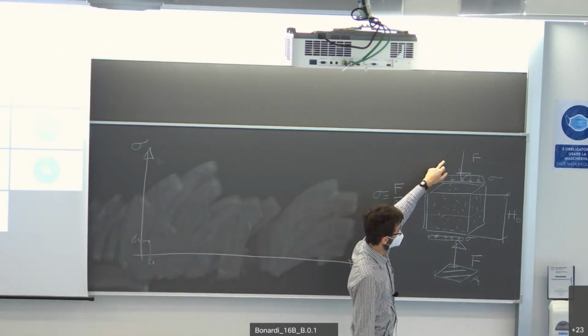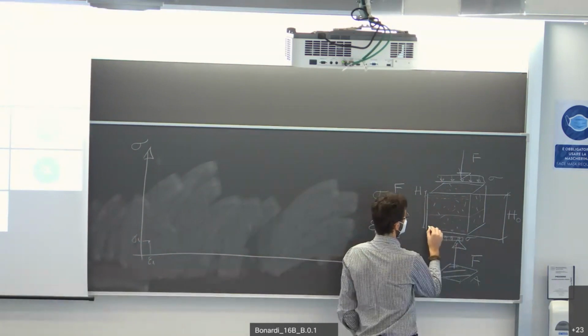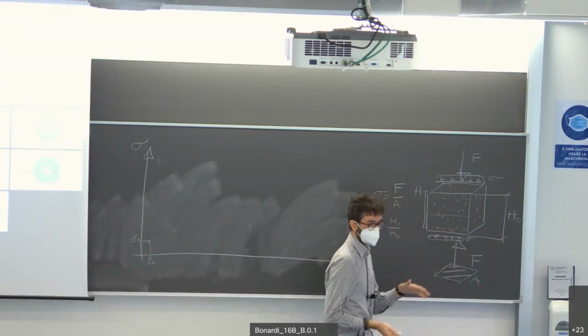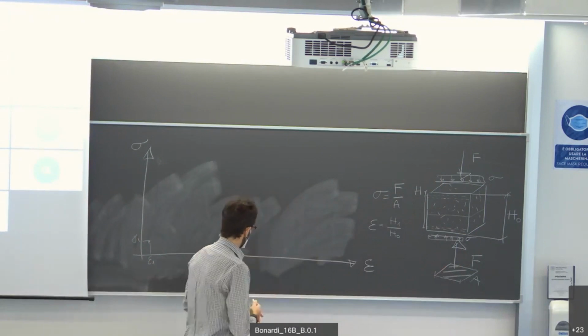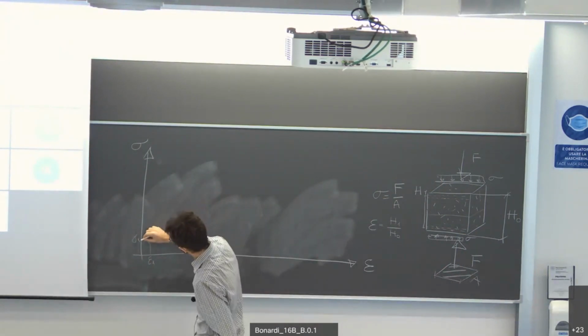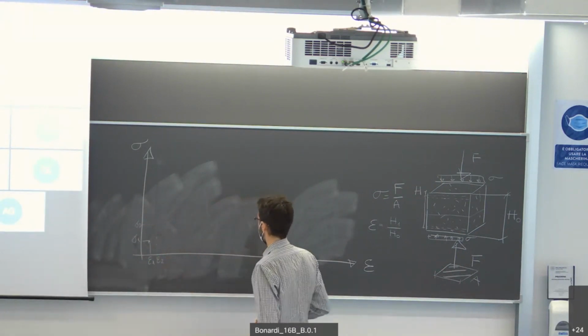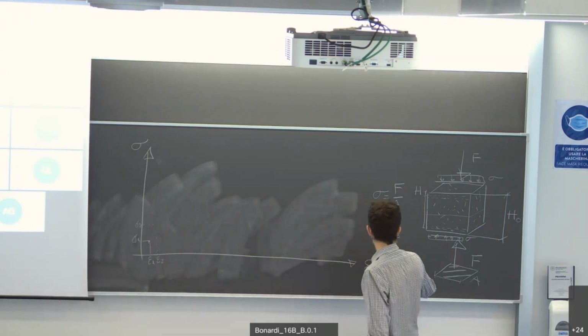Then we increase the load. What happens is that the sample shrinks more. Okay? For example, if we double the load, we will have sigma 2, and we meet epsilon 2.